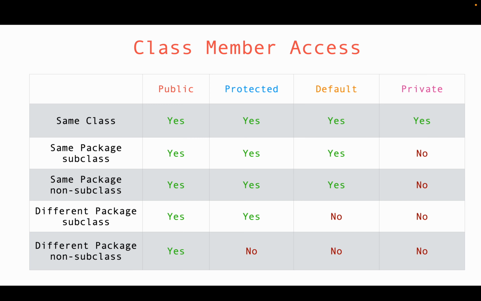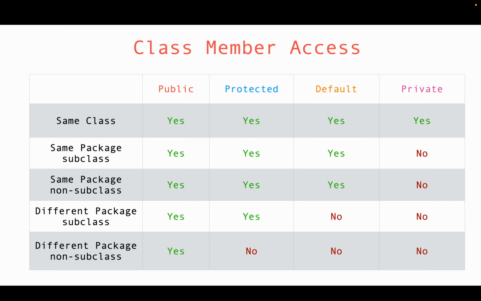For example, you have a class where you have defined all the variables, and you have another class which does not inherit, which means that it is not a subclass, but you are trying to access the variables of the first class. When such is the case, if the keyword is public, protected or default, you have the access, but if it is private, once again you are not allowed to have the access.